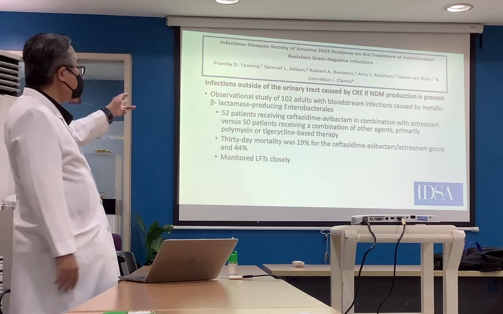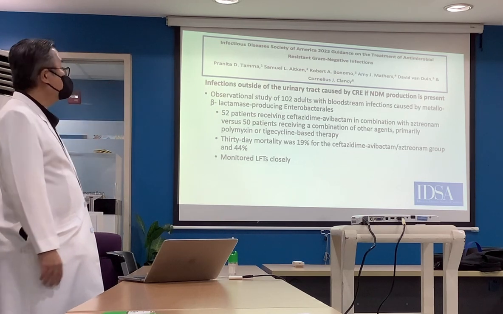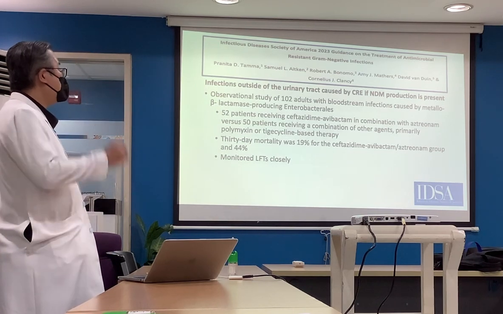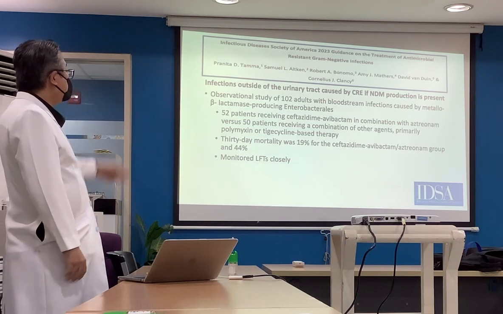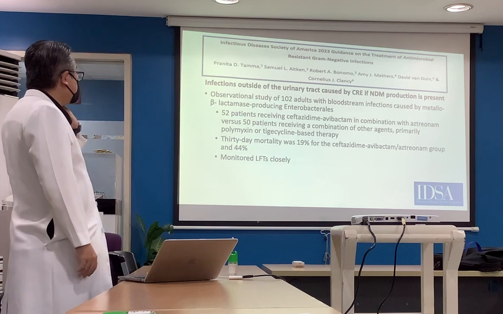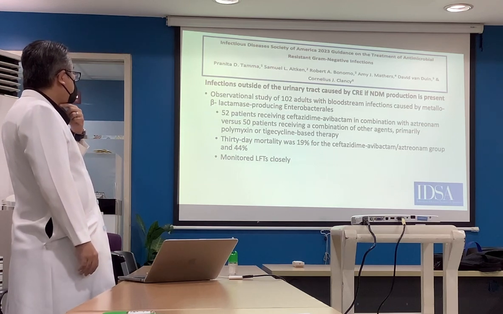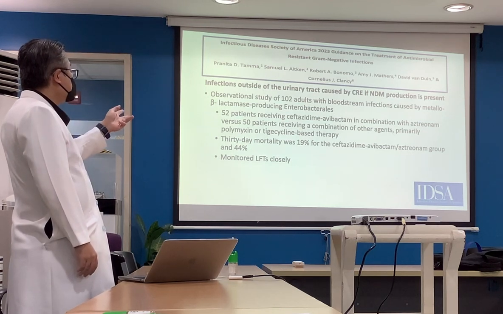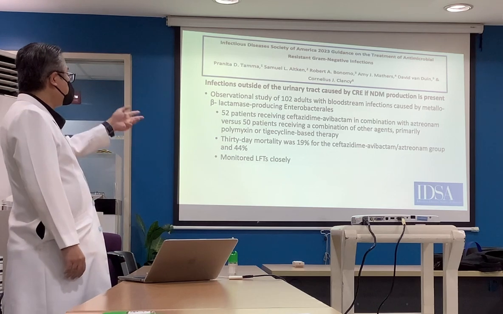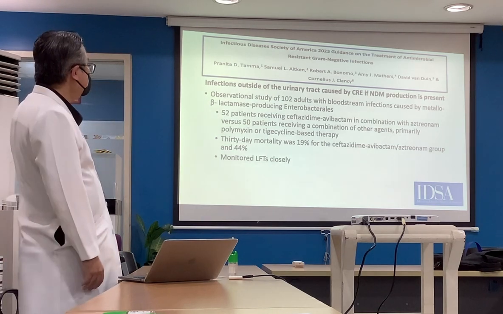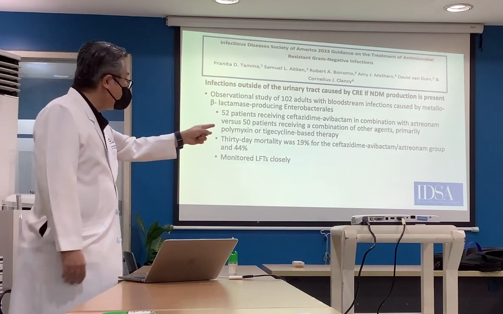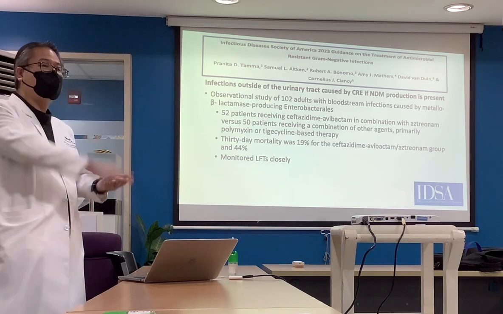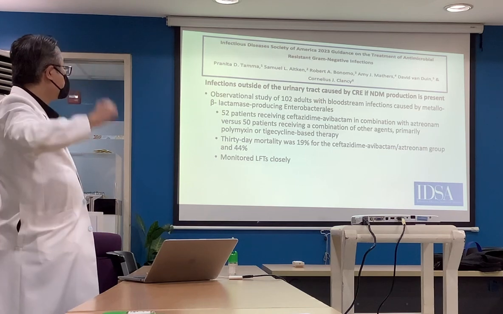Now, outside the urinary tract caused by CRE, if NDM production is present, one of the bases is an observational study of 102 adults with bloodstream infections caused by MBL-producing Enterobacterales. The only thing that is important there is ceftazidime-avibactam plus aztreonam versus combination with polymyxin or tigecycline-based therapy. And look at the mortality of ceftazidime-avibactam plus aztreonam. It's 19%, low compared to 44%.